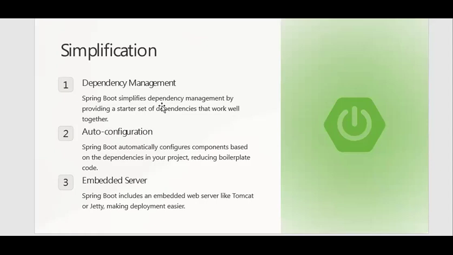Spring Boot simplifies the dependency management by providing a starter set of dependencies that work well together. With the help of this dependency management, we can easily manage our dependencies in Spring Boot because we don't need to mention the version number.